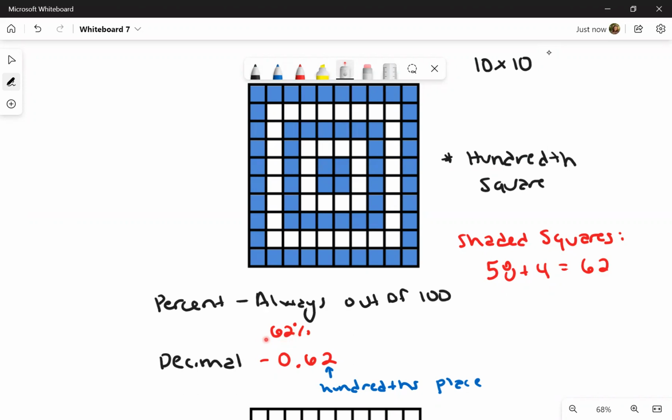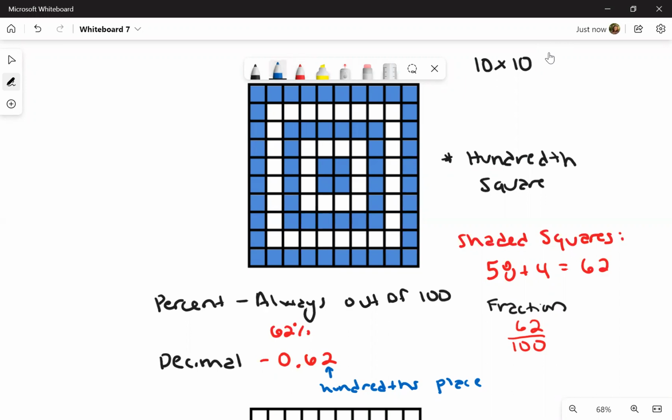But for fraction, that's actually not too hard either. Fraction can always be written as a part of a whole. And since we're talking about 62 out of 100 pieces, I can write it like that. But whenever I'm working with fractions, I typically am wanting the reduced form.